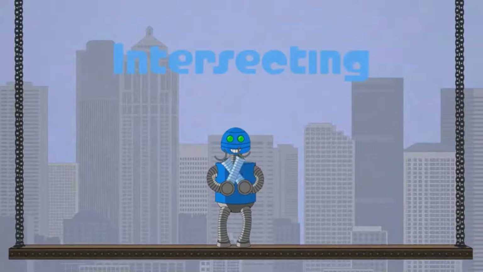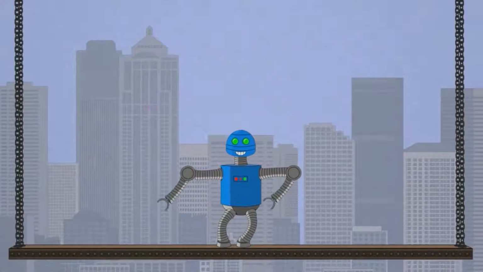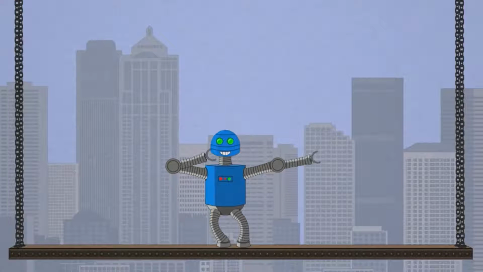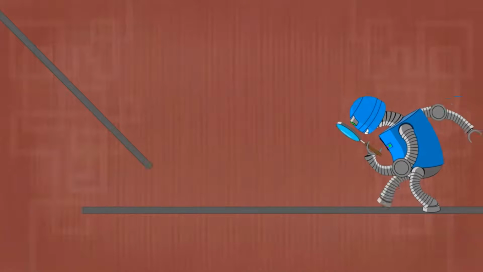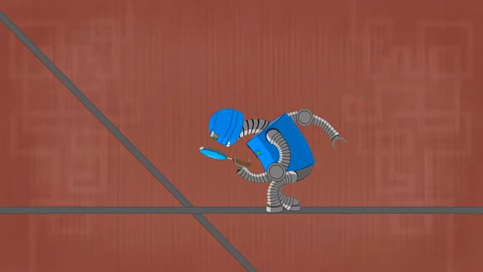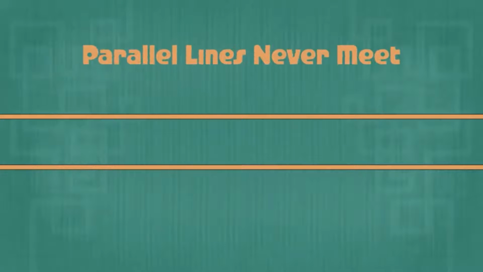Parallel, intersecting, perpendicular, they're rectangular. Now let's talk about detecting if two lines are intersecting. It's the term that we select if at any point two lines connect. Parallel lines never meet.